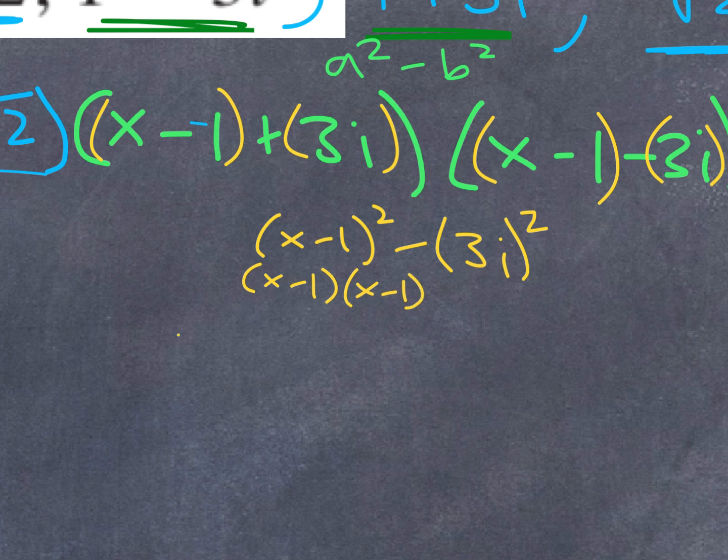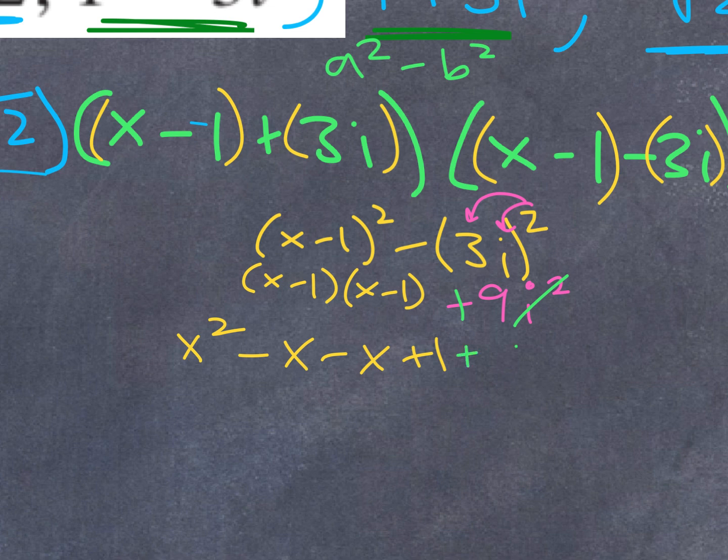So when we FOIL this, we get x squared minus x plus 1. What do we do for the 3i squared? Distribute the squared. So what's 3 squared? 9. So minus 9 and then i squared. Well, what does i squared turn into? Awesome. It changes to negative 1, so that would make it a plus 9. The i goes away. So plus 9.